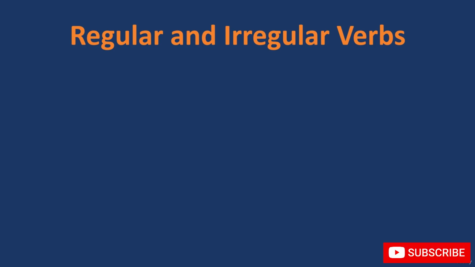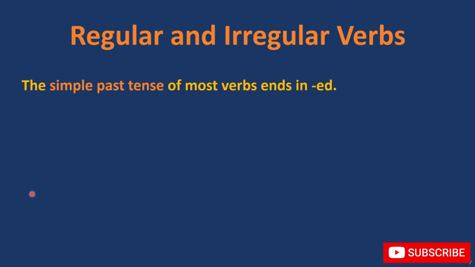Regular and irregular verbs. The simple past tense of most verbs ends in ed. Other verbs are called irregular verbs. So if I have any verb, I need to change this verb into past form, and if I add ed to the verb, this verb is a regular verb.